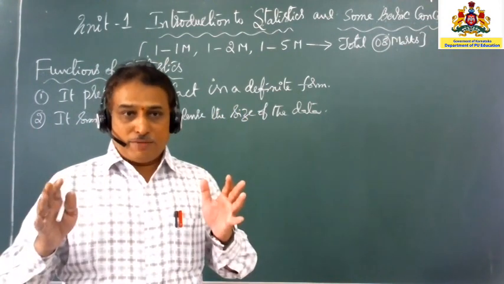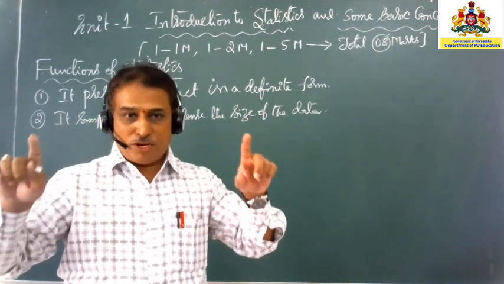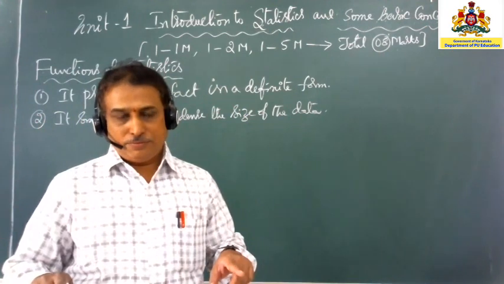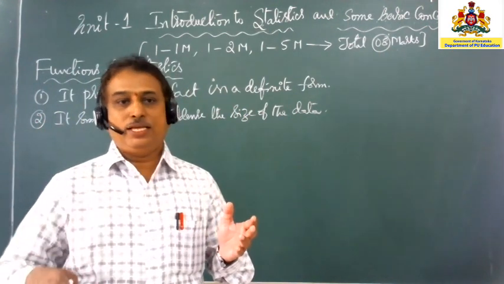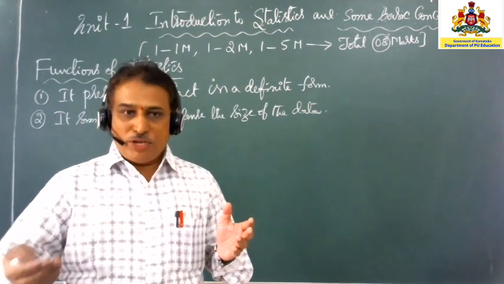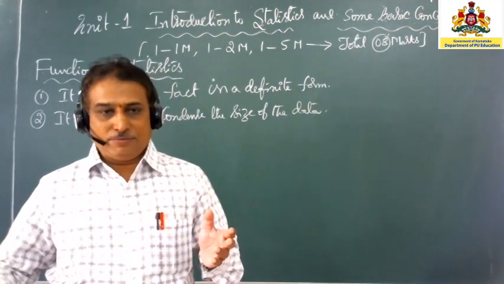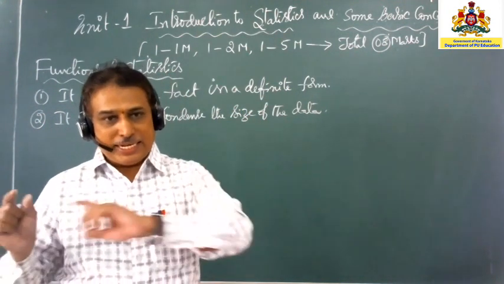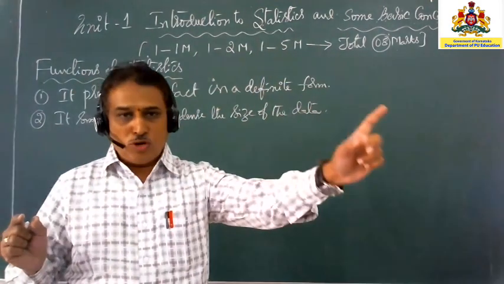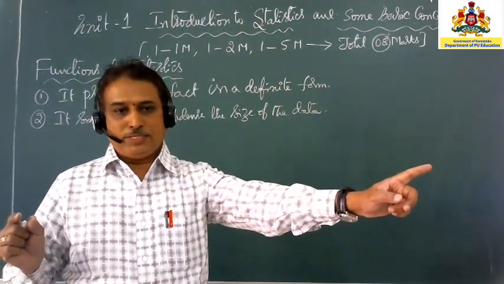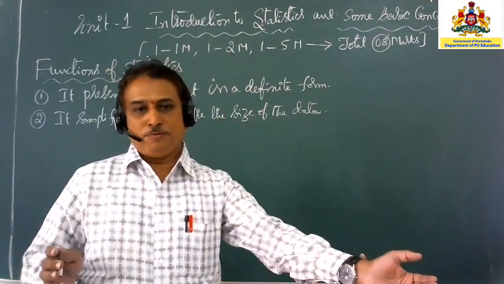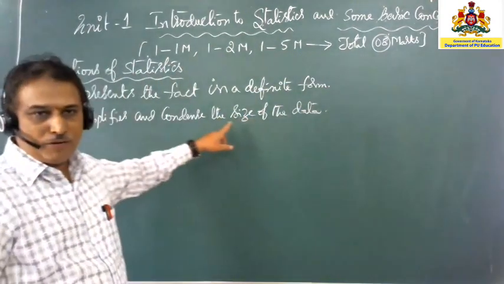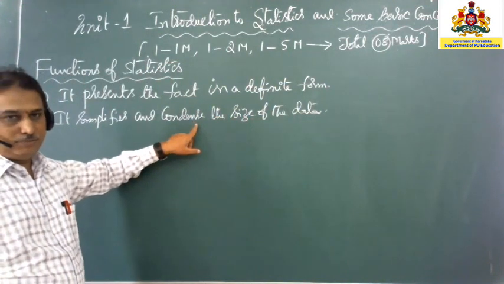The whole data we have to represent in tabular form. Afterwards, we apply the average formula and get the answer. That single answer represents the whole data. That means the whole data we can reduce into a simple value. That is the second duty of statistics.